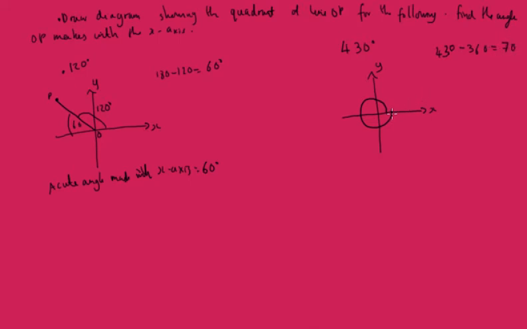So it comes here and then goes round by another rotation, but stops. That's P, that's O, with this angle theta equal to 70 degrees. So it's an acute angle of 70 degrees with the x-axis, and it's in the first quadrant.